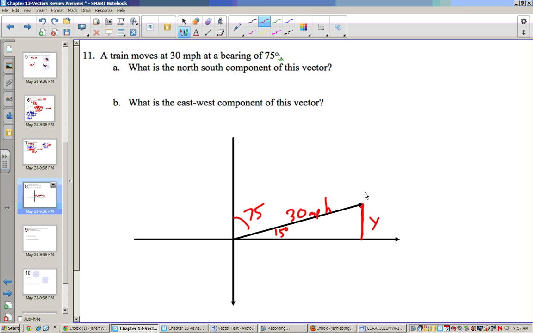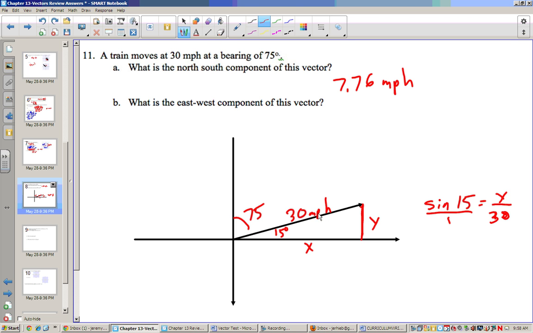So to find this vertical distance, this is opposite. That's hypotenuse. Opposite over hypotenuse is sine. Sine of 15 is y over 30. So now I just multiply 30 times the sine of 15. And this is going up 7.76 miles per hour. Now the east-west component is this x value.